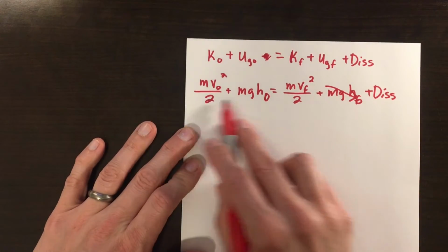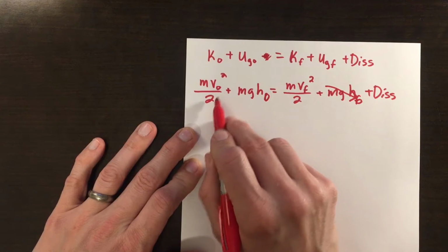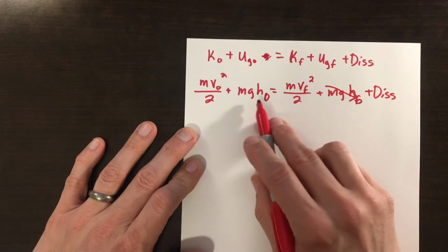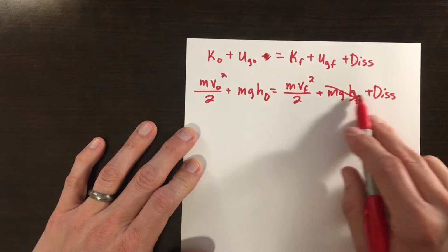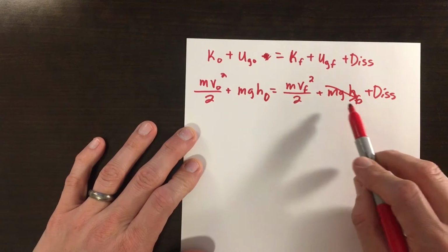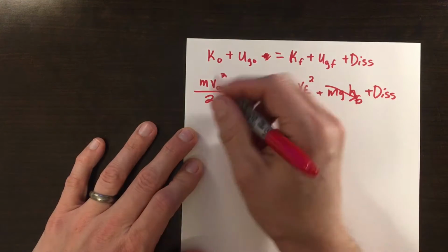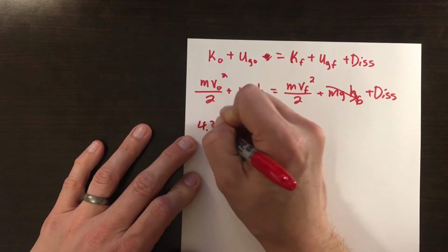Okay, so you'll see in all of this, we have mass times initial velocity squared over 2 plus mass times gravity times the initial height. That's going to be equal to mass times final velocity squared over 2. The final gravitational potential energy is going to be 0 because it's going to be at the bottom, and then we have dissipated energy. All right, so we start plugging in what we know.